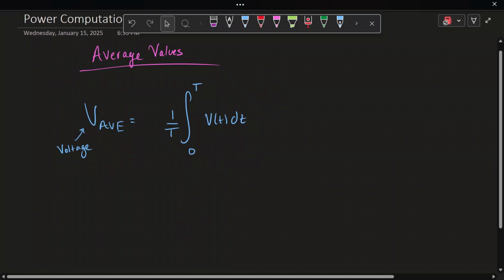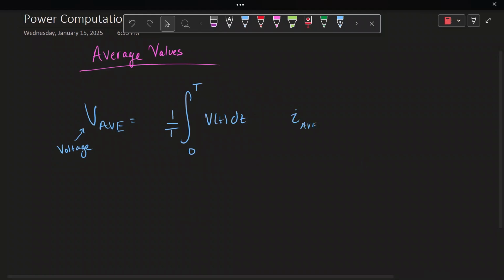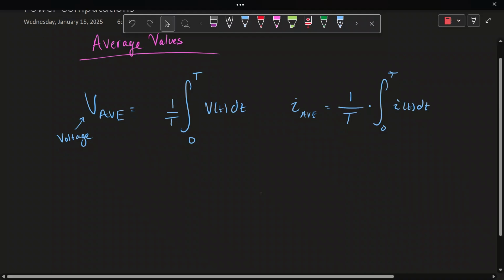You could do the same thing for current. The average current is going to be equal to 1 over the period times the integral over that period of the instantaneous current. Finally, the last one, of course, is average power.